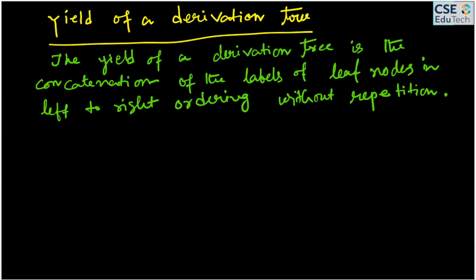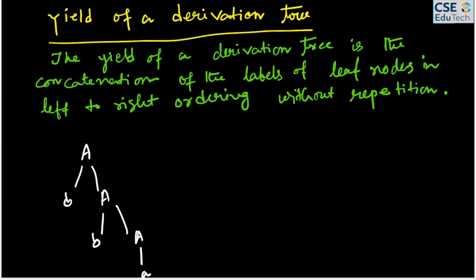Now I'll give an example. Suppose we have a derivation tree like this. Now what will be the yield? Yield means concatenation of the labels of the leaf nodes. So these are basically the leaf nodes, b and a are leaf nodes.